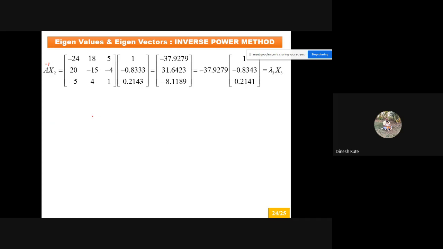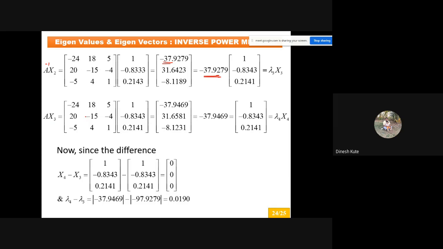Perform one more iteration. In every case there is an inverse. You will get this. Take the largest eigenvalue with sign outside of this column matrix and repeat this. So at this third iteration, you will get the eigenvector to be 1, minus 0.8343, 0.2141, and here you will get 1, minus 0.8343, 0.2141, exactly equal.